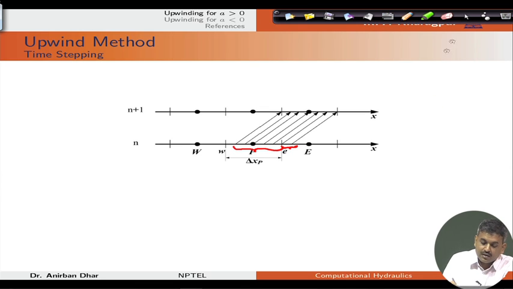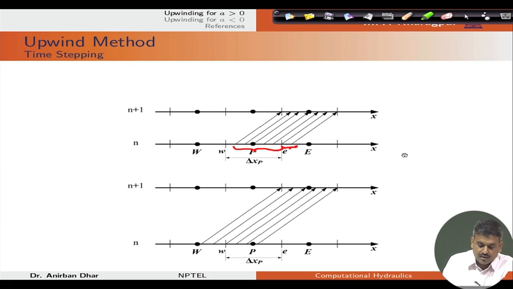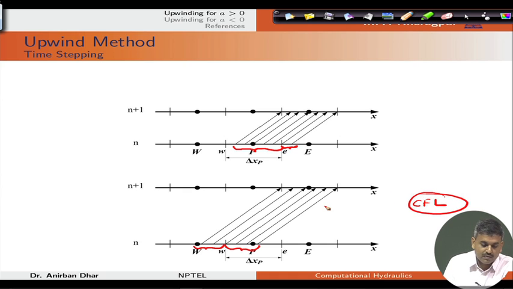But if we increase this time step, then we can see that information transfer will be from W cell and P cell. So, time stepping is important. This is controlled by the CFL condition, or Courant-Friedrichs-Lewy condition.